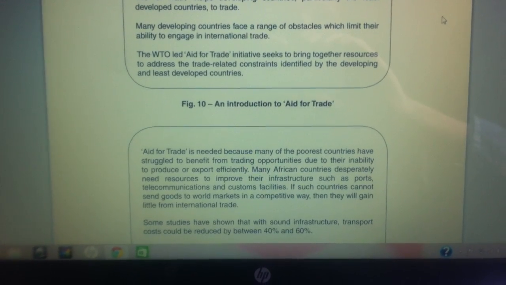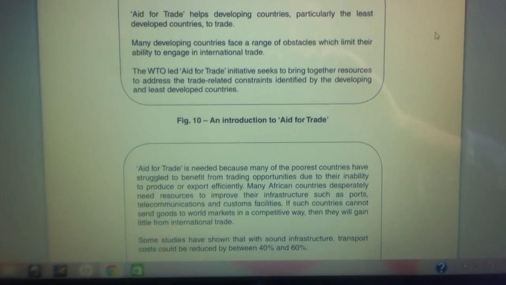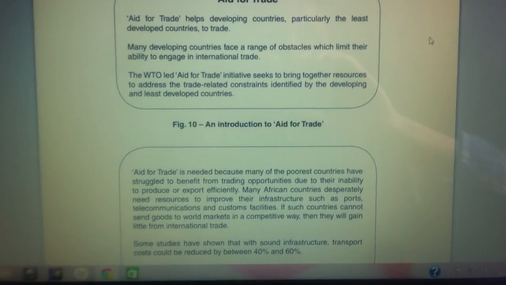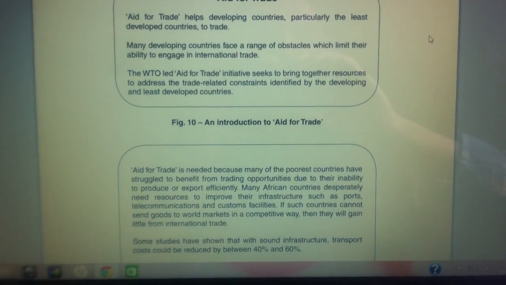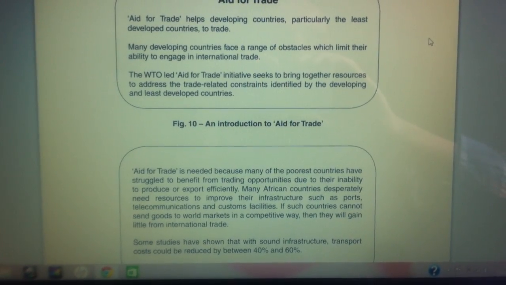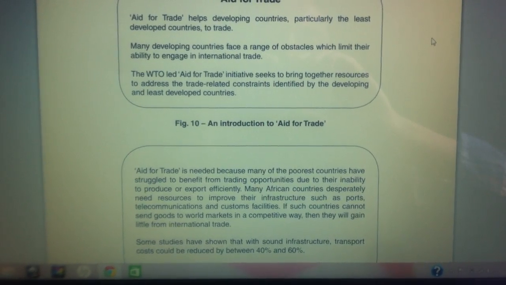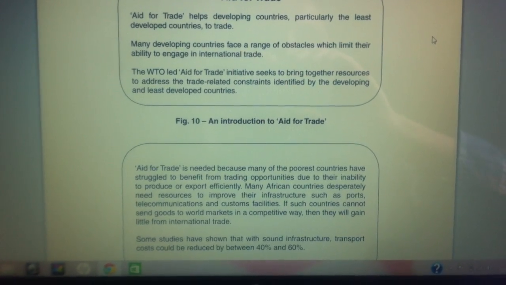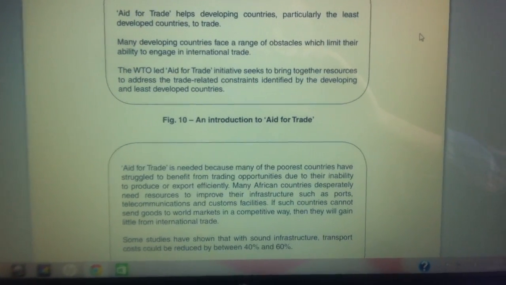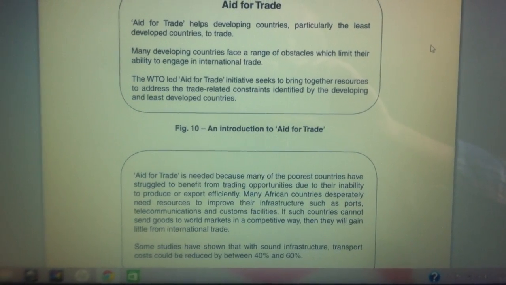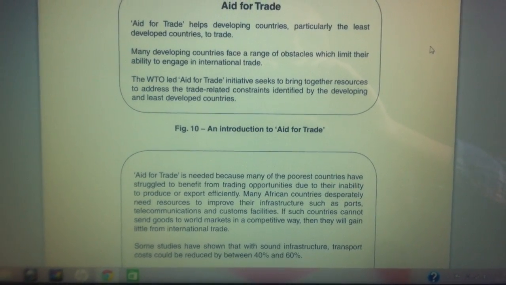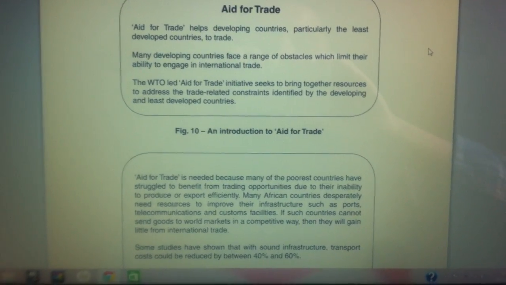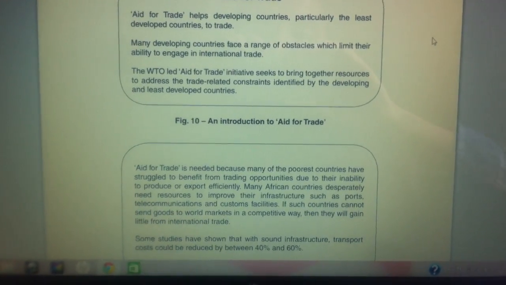So it's all very well building a factory in Benin, for example, but when they don't have any roads and they don't have the proper infrastructure to get their goods to market, there is a limit to what that foreign aid will actually do and how beneficial it would be. And so aid for trade really is about giving these economies the wherewithal so that they can physically engage in the trade.